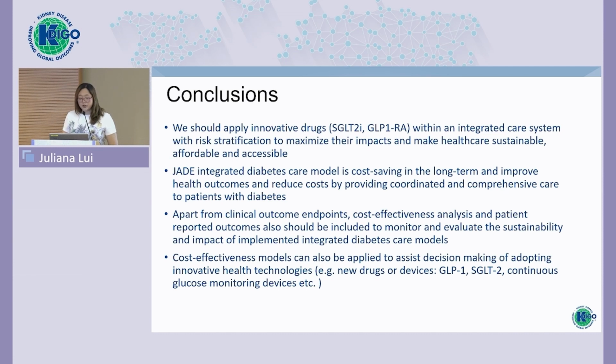And the JADE integrated diabetes care model is also cost-saving in the long term and improves health outcomes by reducing costs and providing coordinated and comprehensive care to patients with diabetes. Apart from clinical outcome endpoints, cost-effectiveness analysis and patient-reported outcomes should also be evaluated and monitored for the sustainability and the impact of implemented integrated diabetes care models.